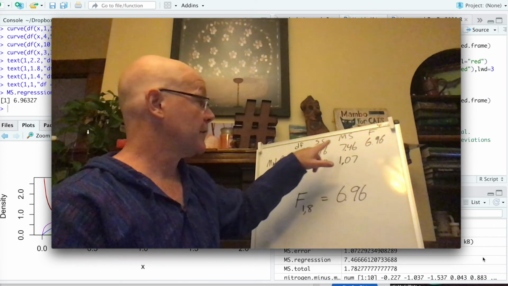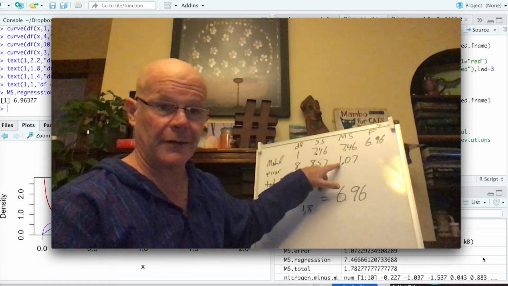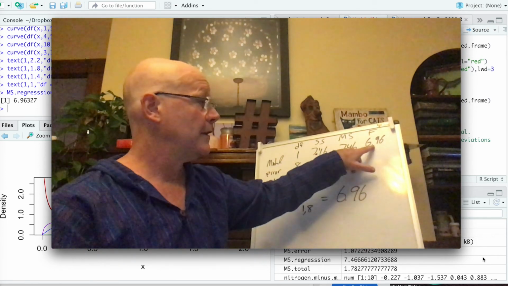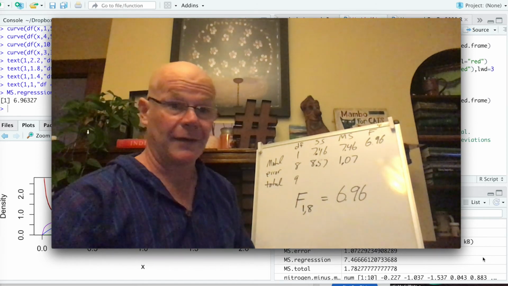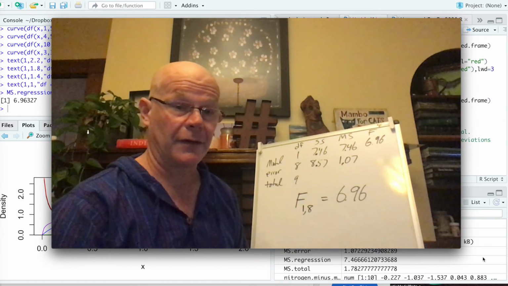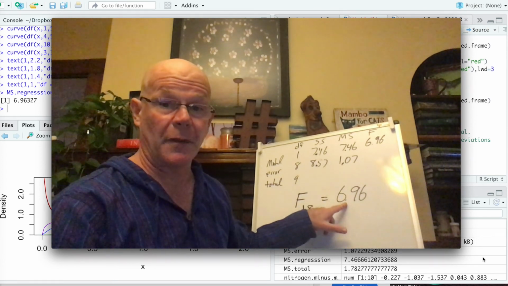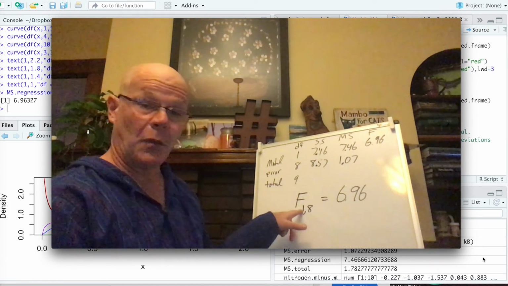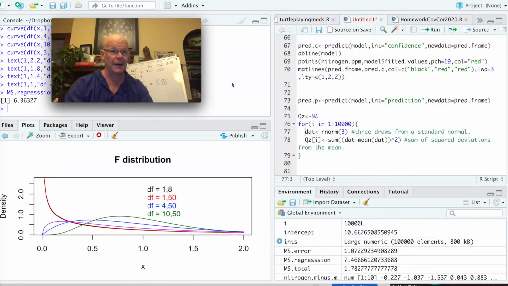So we would expect the mean squared of the model and the mean squared of the error to be the same value, and we would get an F statistic of 1 or even less than 1, depending on how the variance is distributed. But this is the key value that we want to look at. And again, 1, 8, always show your degrees of freedom when you're playing with an F statistic.